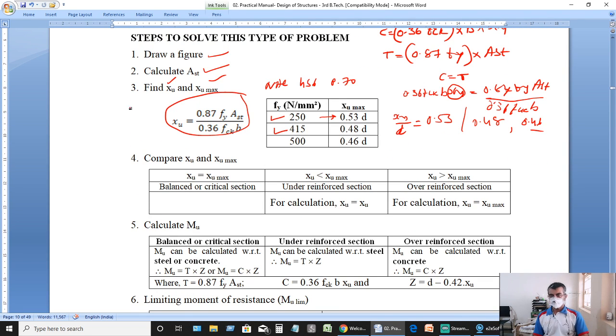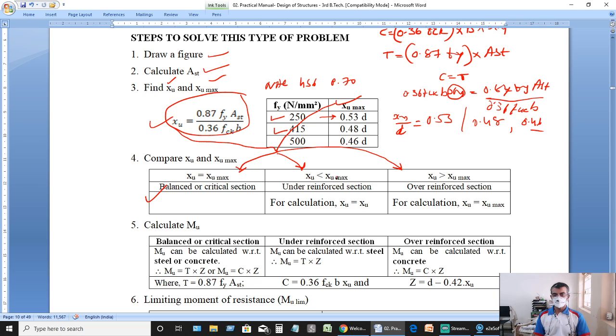Once you have XU and XU max, you compare these two values. Either XU is equal to XU max, or XU is less than XU max, or XU is greater than XU max. If XU is equal to XU max, then it is a balanced section.